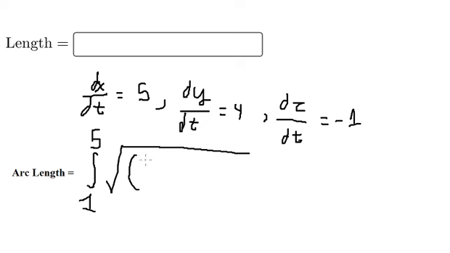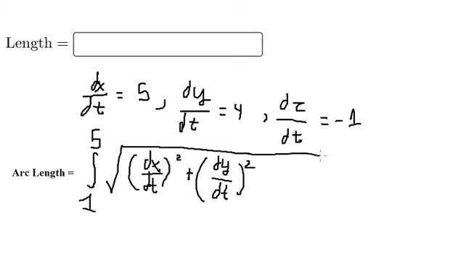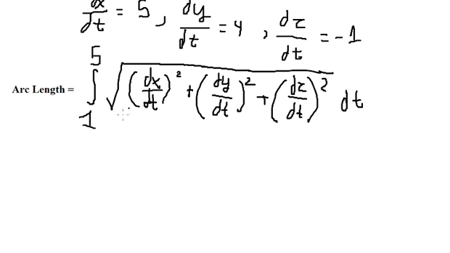So we have dx over dt to the power of 2 plus dy over dt to the power of 2, and the next one dz over dt to the power of 2, and we have dt in here. So we put 5 for negative 1 here, so that should be like this.